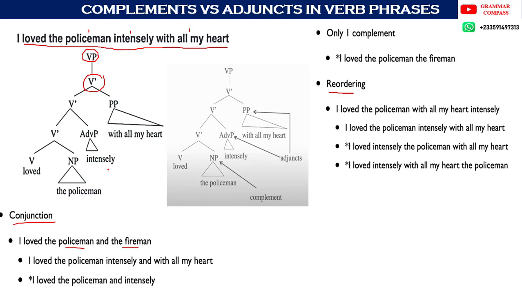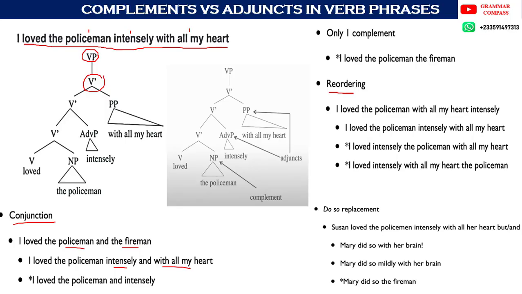Complements. Now we can conjoin adjuncts with adjuncts. So if we are saying that intensely and with all my heart are adjuncts, then we can conjoin them. How do we do that? We can say, I loved the policeman intensely and with all my heart. It makes sense, which means they are both adjuncts.